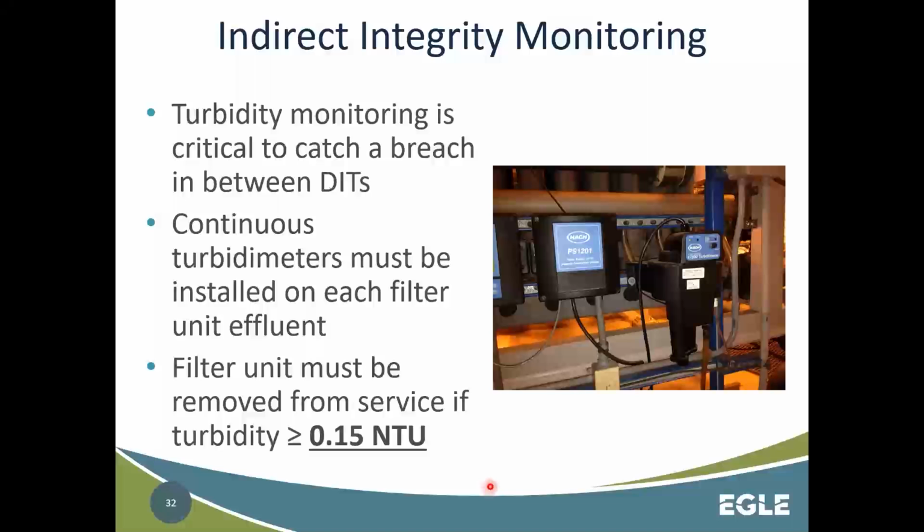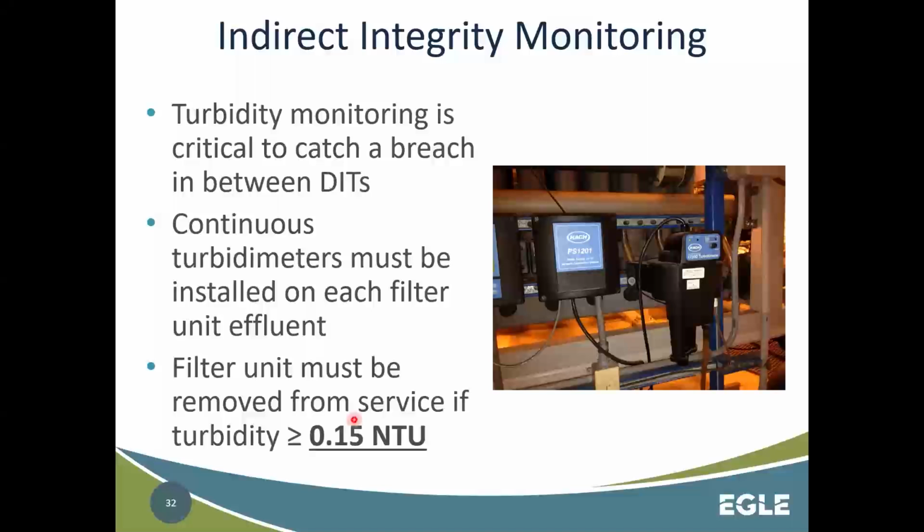And in terms of what type of finished water turbidity would be of concern for a membrane plant, this comes from the EPA's membrane filtration guidance manual. If you have a filter unit that is seeing turbidity of greater than or equal to 0.1 to 0.15 NTU, that needs to be removed from service and looked at.